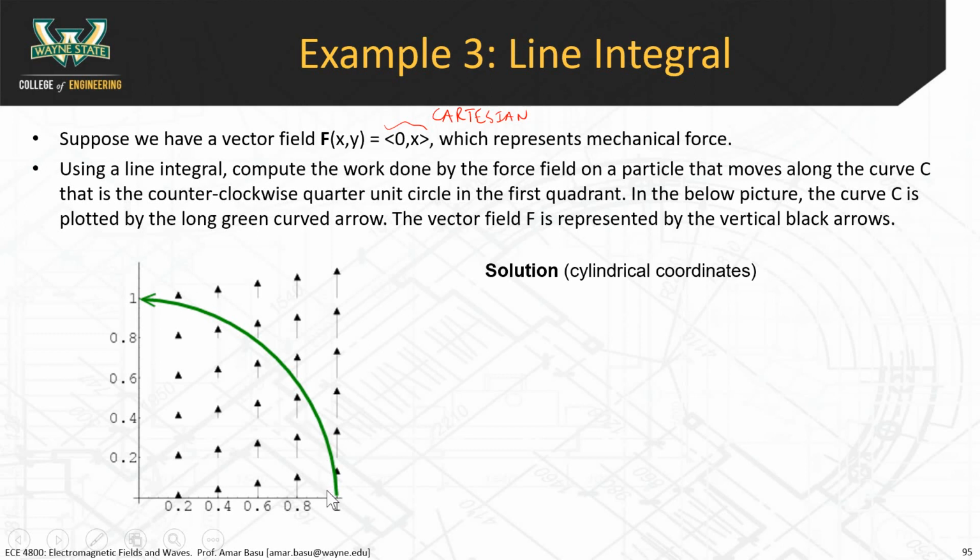The spherical coordinate system will also work. That would probably be the next easiest one to use. And the Cartesian coordinate system would actually not be the best one to use in this case, because when we're integrating along a circle here, the Cartesian coordinate system doesn't naturally represent circular symmetry. Okay, so we're going to choose to do this problem in cylindrical coordinates.